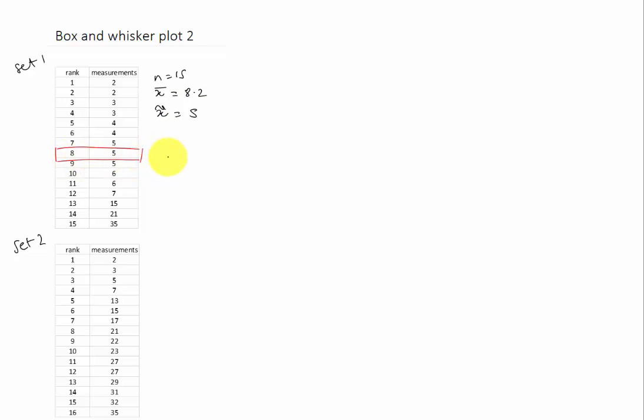So that's the 8th value in the set, and now I'm going to divide into quartiles. So that's the same as before. So that would be the first 4 values. Second set of 4 values, I'm counting the median twice because n is an odd number.